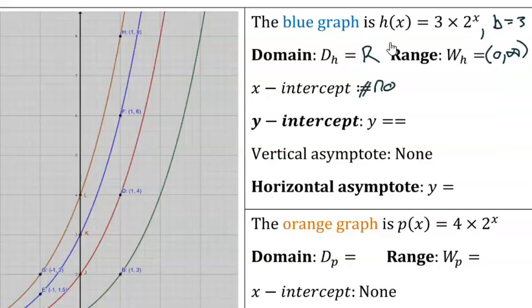And the y-intercept happens when y is equal to 3 times 2 to the 0, which is equal to 3 times 1, which is equal to 3. I do not have any vertical asymptote, but my horizontal asymptote is again y equal to 0, which is the x-axis.